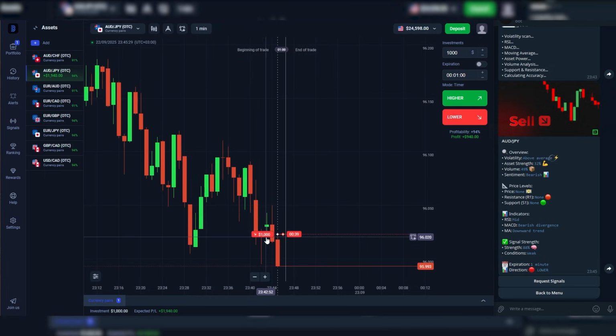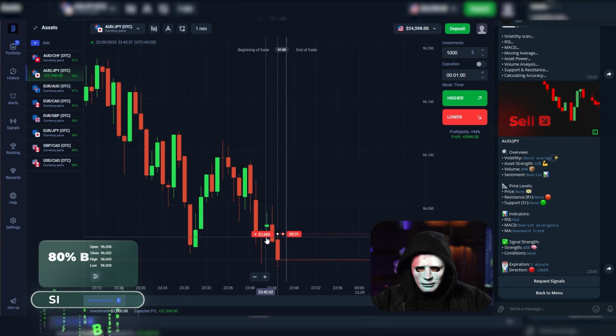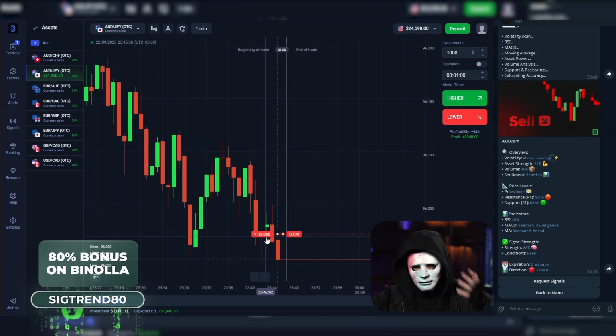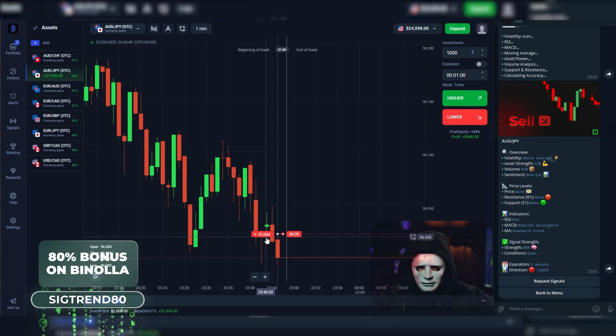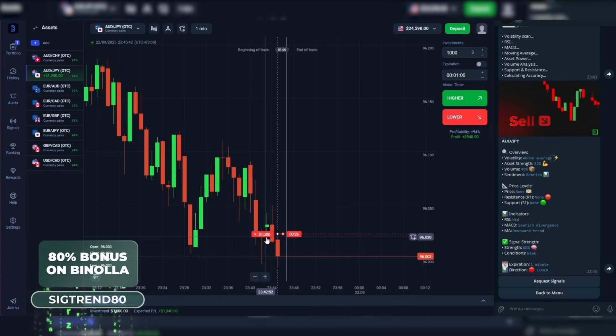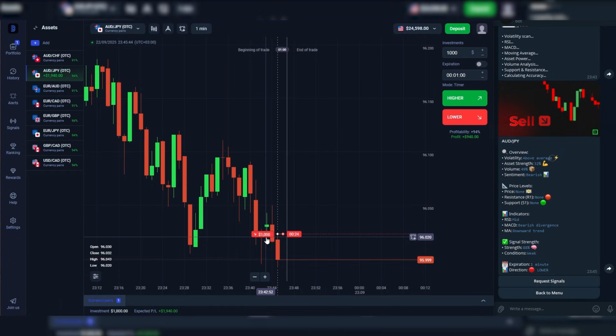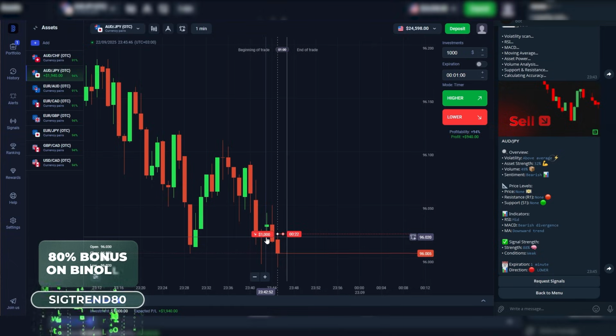And as we can see, after our entry point, after we entered following the analysis, everything started moving down, which is exactly what we need so that this option closes in profit. I enter without any doubts, because I can already see how well the signals are working. Every time the indicators align, and that's just under.